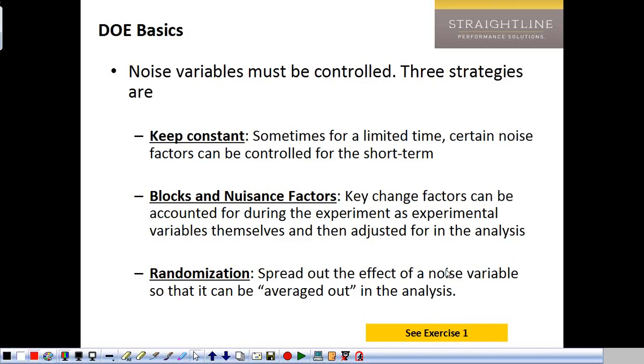There are 3 strategies to help control the noise. One is to keep it constant, if that's possible. In many operations it's not possible, so you are stuck with thinking about blocks and nuisance factors. Sometimes you can include the nuisance factors right in there. In the call center example that we'll do, experience level may not be something you can control.